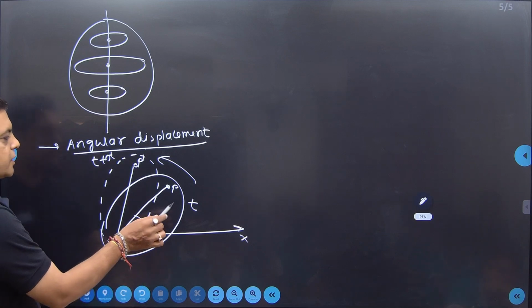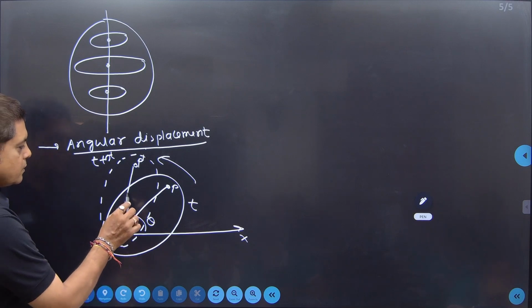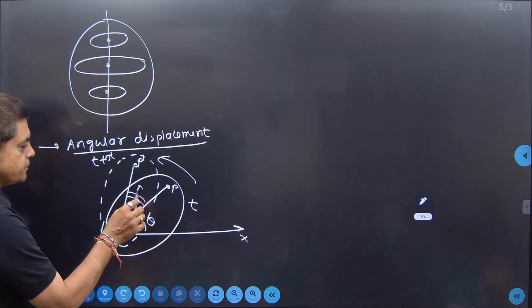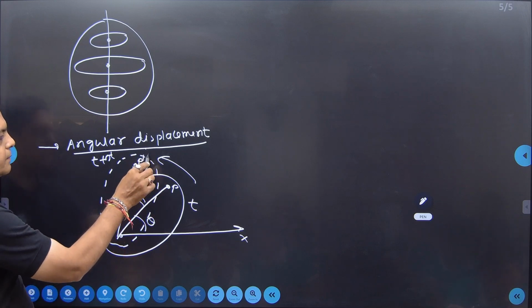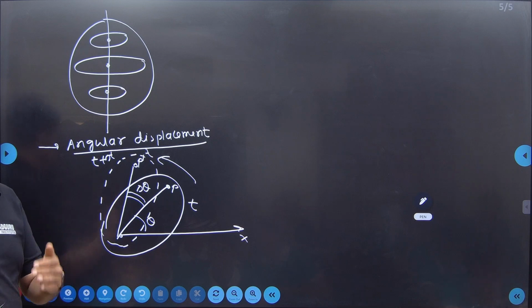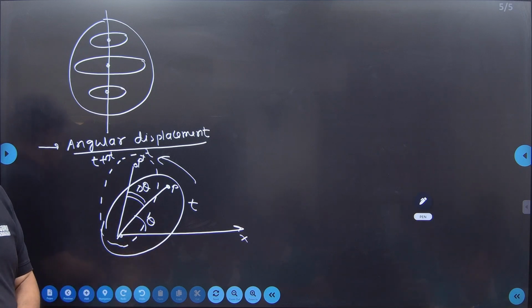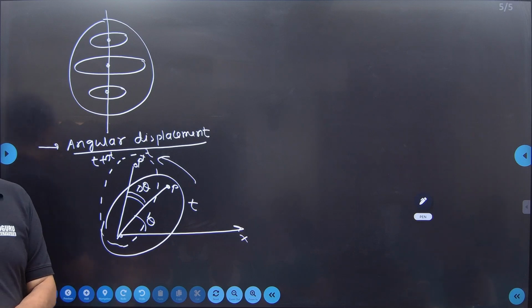At time t, the angular position is theta. If this angle is delta theta, then at time t plus delta t, the angular position is theta plus delta theta. Change in angular position is called angular displacement. So the angular displacement is delta theta for the time interval delta t.